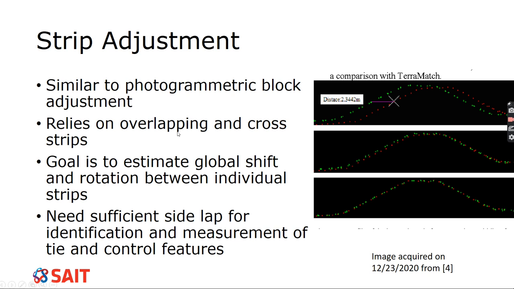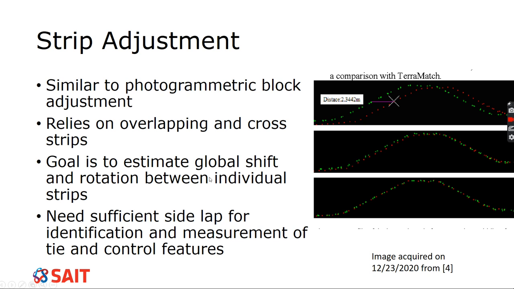So you have your overlapping and cross strips, which means you have your regular strips, and then you go back and fly some that are 90 degrees to them. That allows for all those strips, even if one is at a weird angle and doesn't match, to be checked: you can say, okay, now I have another one that goes this way, and it's going to tell me whether it's the red or the green that is correct, and will allow me to shift this one to the correct location.